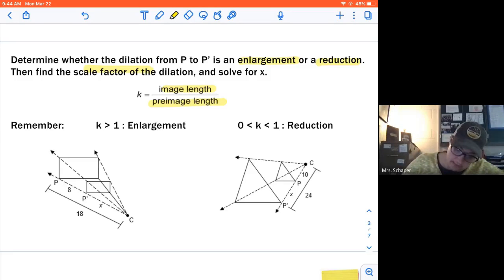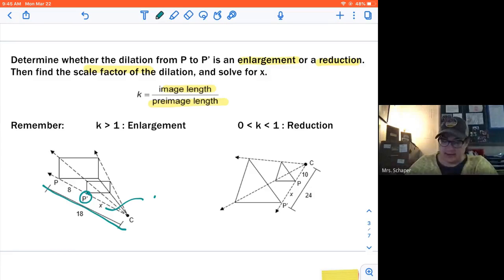We're going from P to P prime, so we're going from 18 to 10. All right. So we're starting with 18. I'm sorry, I messed this up a little bit. Okay, let me erase this too. Here we go. So 18 is the pre-image amount, and P prime, because that is our image, the value of X is going to be 10.